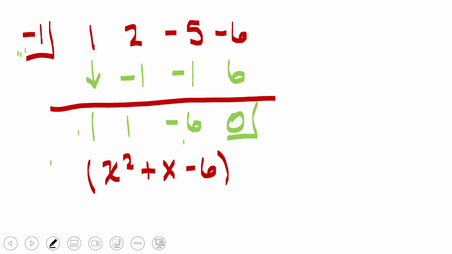But remember, we're working from this division. So if that is true, then x plus 1 is also one of the factors of our polynomial. Go back and grab what you divided by as a factor.